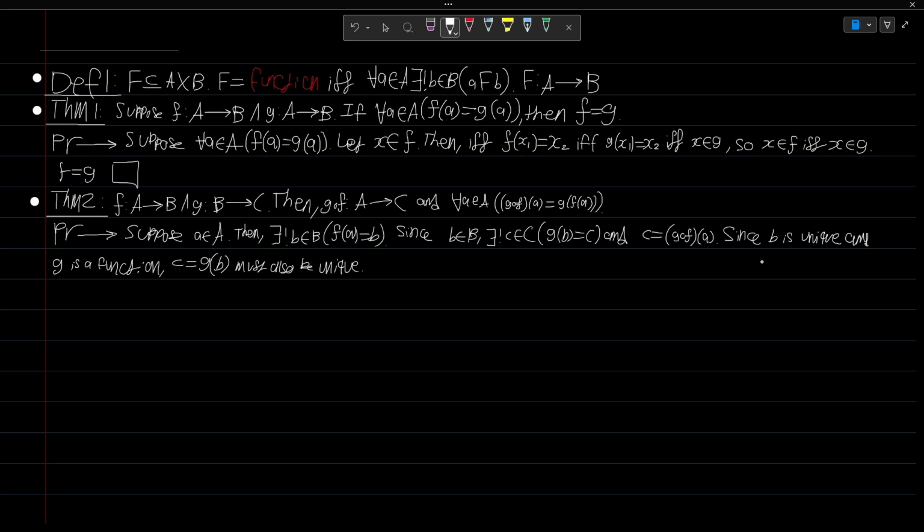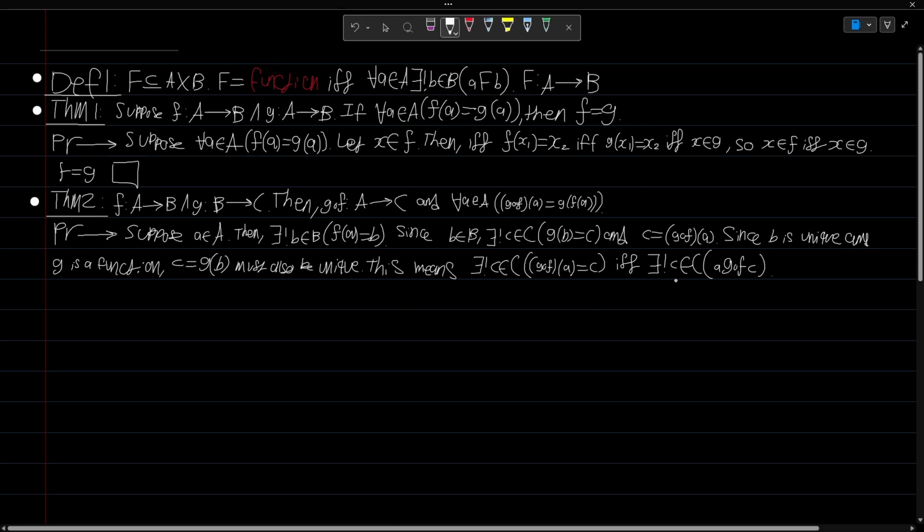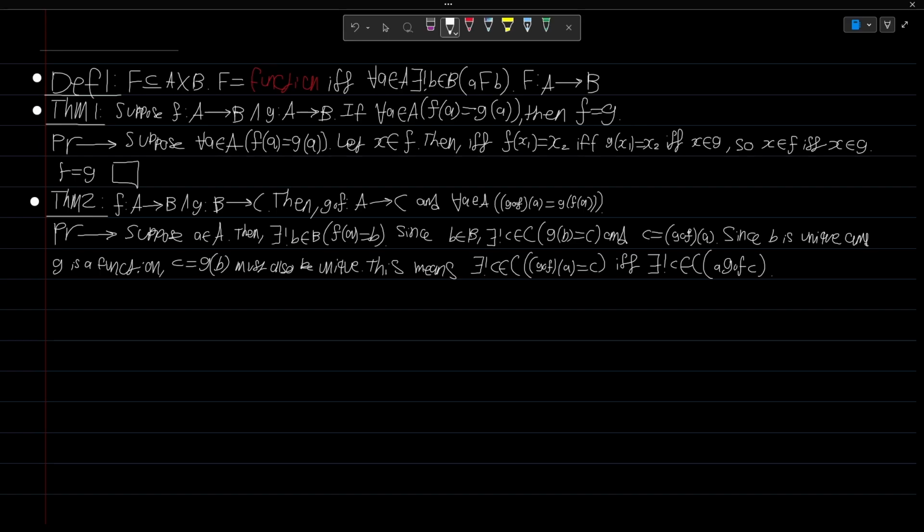And after using existential instantiation, since b is unique and g is a function, c being equal to g of b must also be unique. This means, since c is g after f of a, that there exists exactly one c in C such that c is equal to g after f of a.